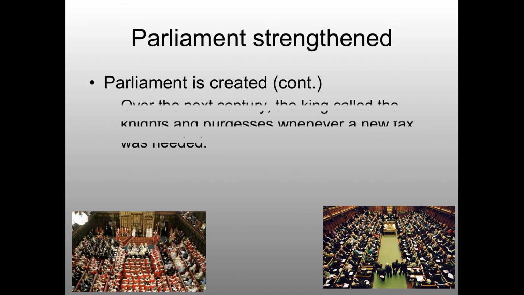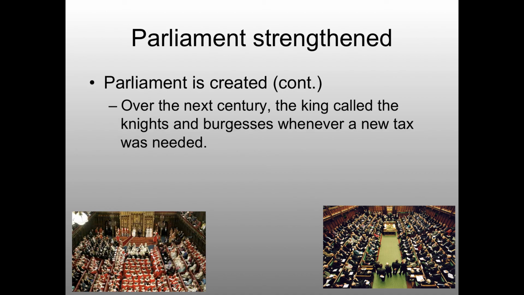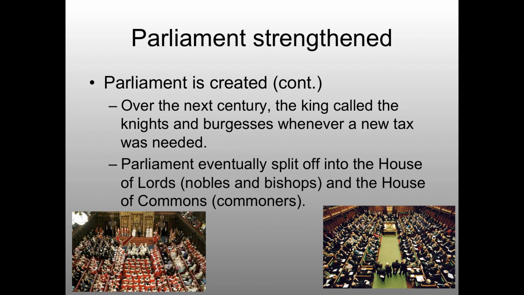Last slide here, Parliament created again. Over the next century, the king called the knights and burgesses whenever a new tax was needed. Parliament eventually split off into the House of Lords and the House of Commons, and we have this today. The House of Lords being the nobles and the bishops, the hereditary, the upper class, and the House of Commons being normal elected representatives.